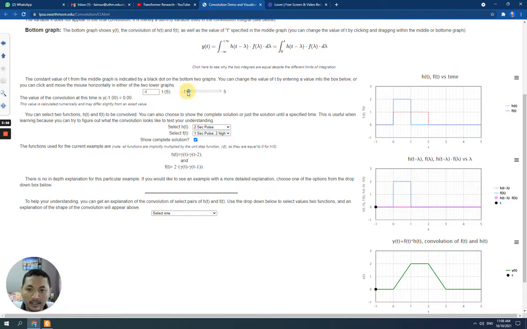You can just slide here and look at this figure. When we slide from -1 second to 0 to 1 second, and then to 2 seconds, you can see that these two signals are overlapping each other.